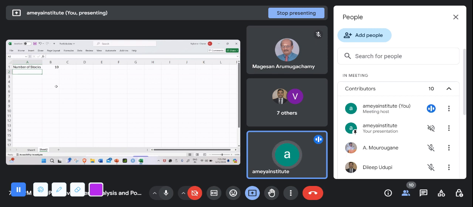Next one. We'll leave some space here. The formula I'll tell you what exactly will come here. We'll write ER, expected return, then variance, standard deviation.